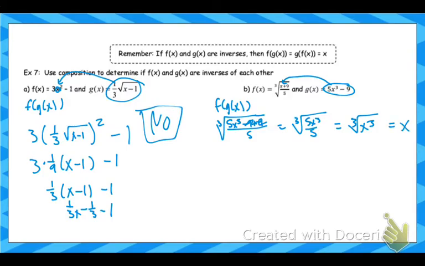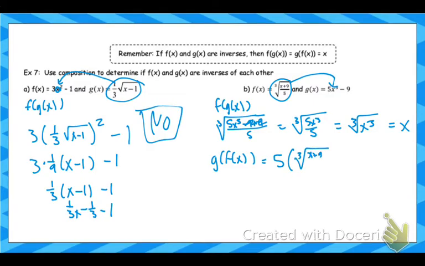Now we got to try the other way, g of f of x. So again, this time, I'm going to take the f of x function and replace x in the g of x function. So this would be 5 times the cube root of x plus 9 over 5 cubed minus 9. Well, cubing a cube root makes it go away.